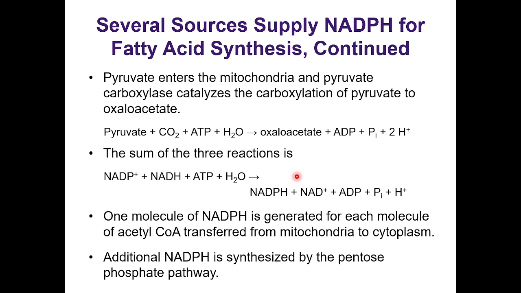Note that because you get exchange back and forth, and it ends up creating a cycle, the sum of those reactions is just energy changes: your NADPH, NADH, ATP, energy changes. One molecule of NADPH is generated for each molecule of acetyl-CoA that's transferred from the mitochondria to the cytoplasm. The additional NADPH is synthesized by the pentose phosphate pathway.